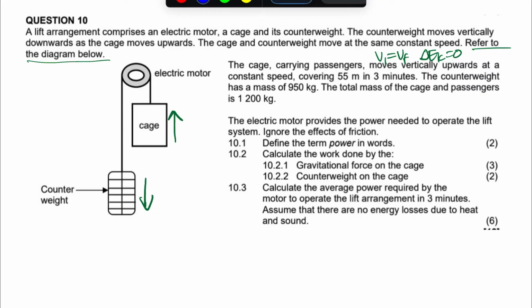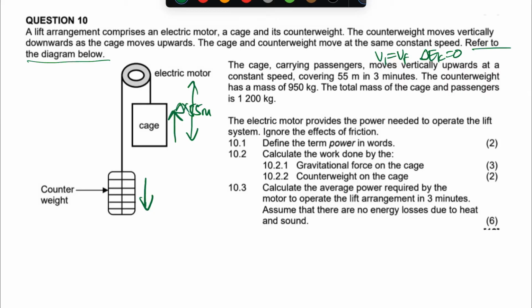Now, it says here the cage is carrying passengers. This cage has passengers. The lift moves vertically upwards at a constant speed, covering a displacement of 55 meters in 3 minutes. So the displacement that it covers is 55 meters, right?